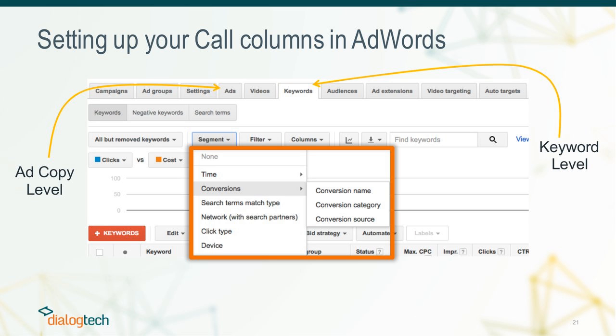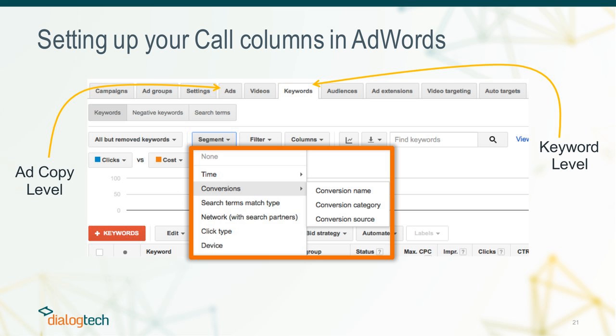So here you want to go to that segment. You can see it on my screen. It's right underneath the search terms. And what you want to do is select that drop-down, go to conversions, and then however your conversions are set up, you can either filter by conversion name, conversion category, or conversion source. And so the way mine are set up is I filter by conversion name, so I can see the DialogTech calls, and then the calls from ads.